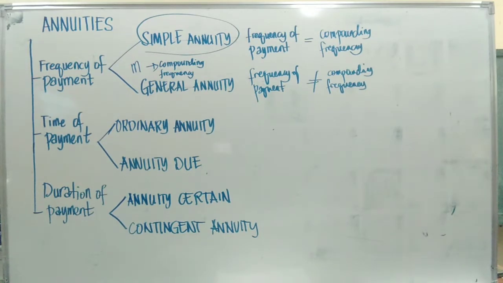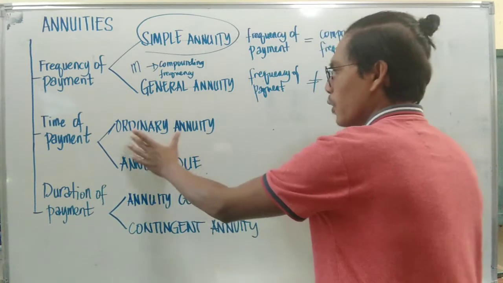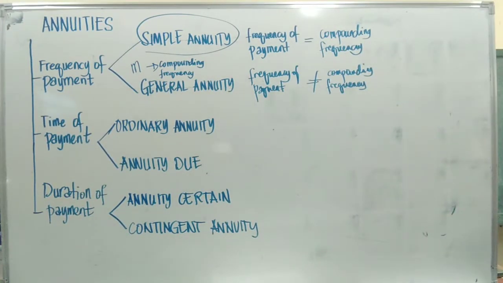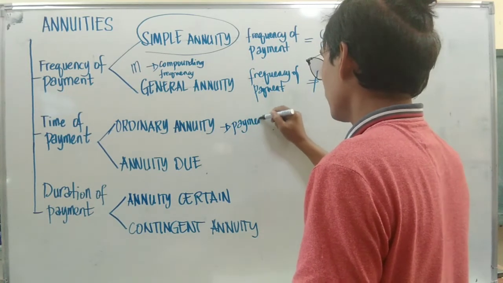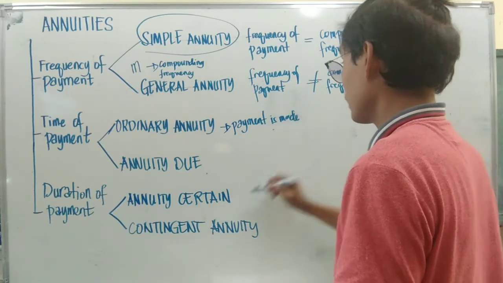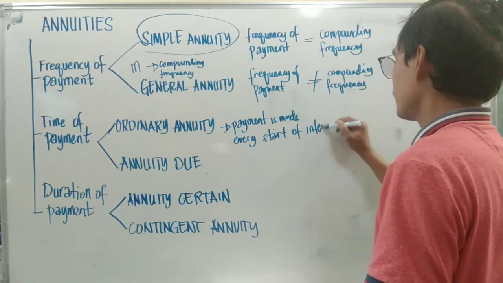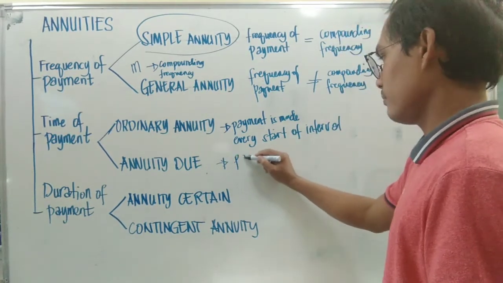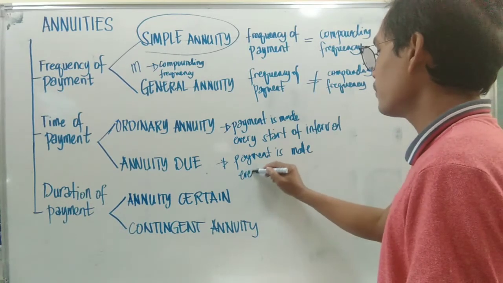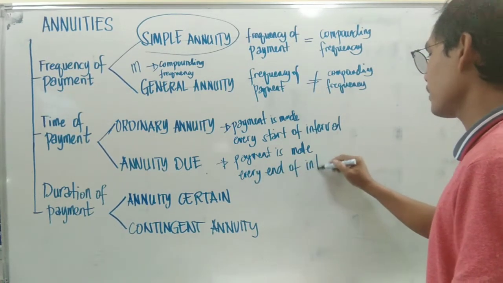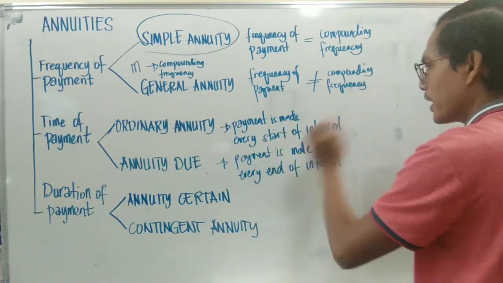Okay, so very basic. Now let us go to another type of annuity that is distinguished using the time of payment. So we have ordinary annuity and annuity due. Ordinary annuity, by definition, payment is made every end of interval.